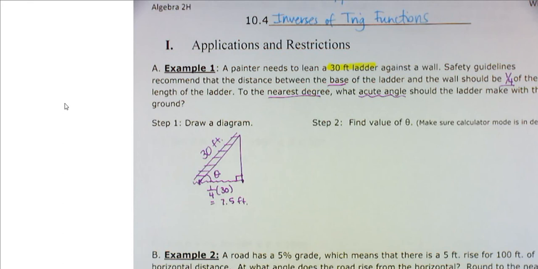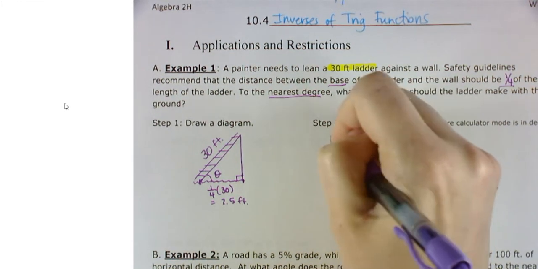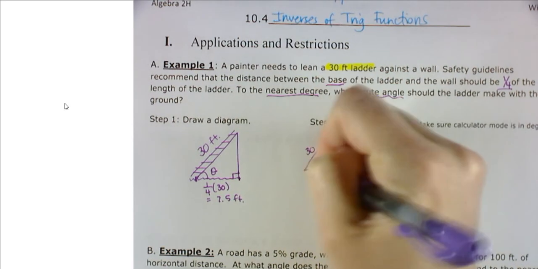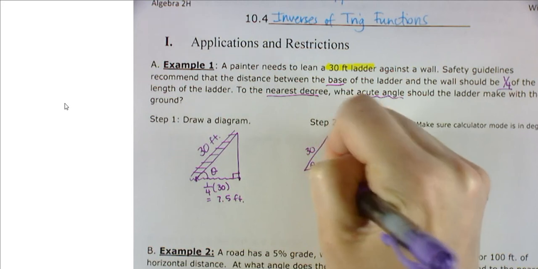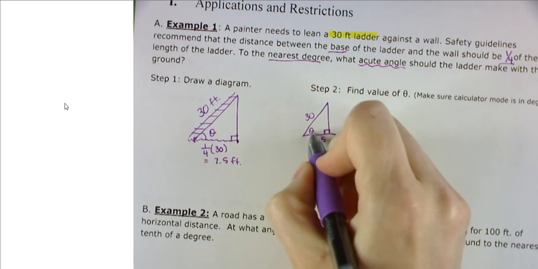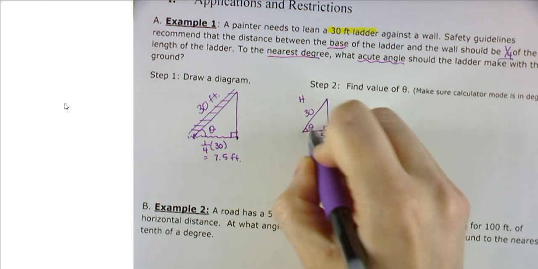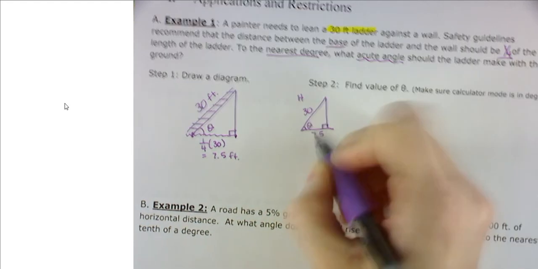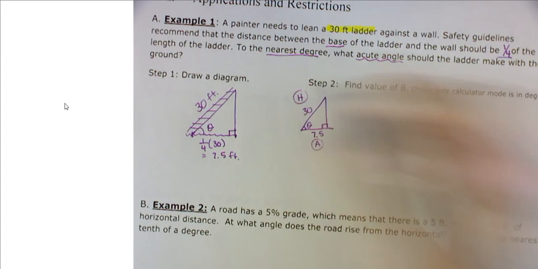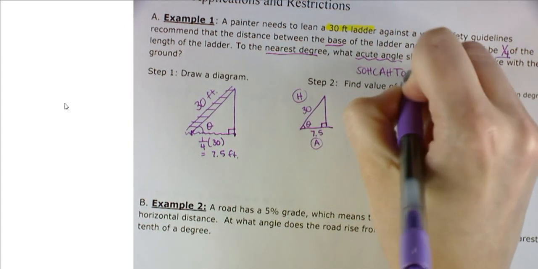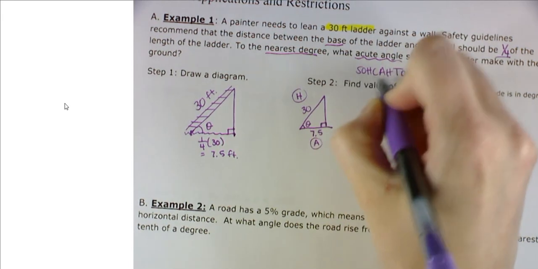So remember, when you're working with your right triangle, you can think of this as your hypotenuse, and if this is the angle we're trying to find, this is the adjacent. So remember SOHCAHTOA? Sine is opposite over hypotenuse, and cosine is adjacent over hypotenuse.